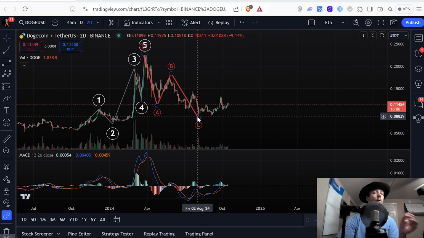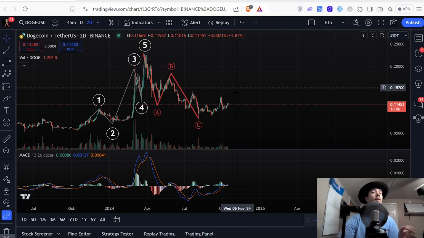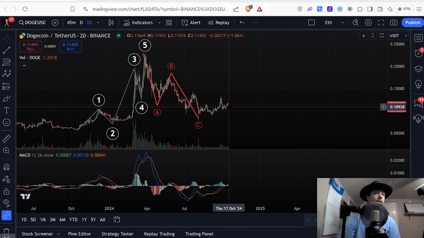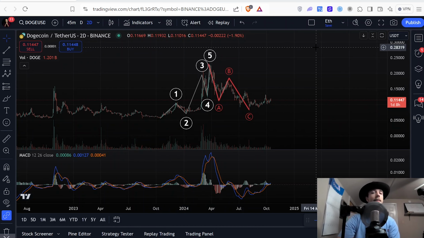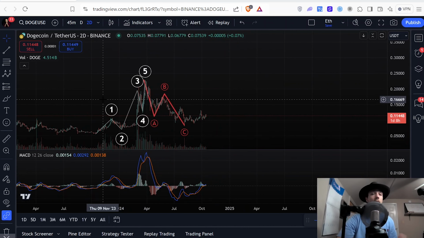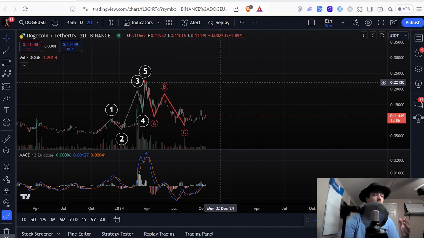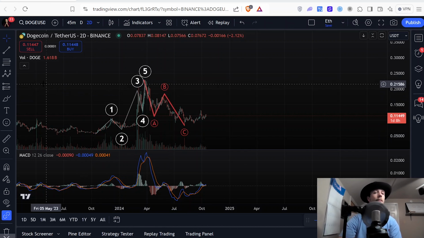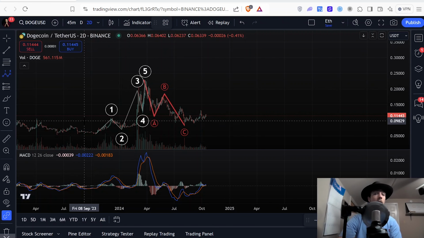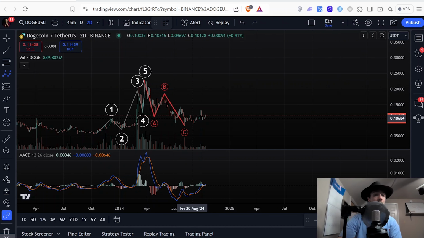And when that wave C is done, that's when you're expecting a new cycle to start. So really what we're watching for here on Dogecoin is that new cycle to start for us to really turn around and start to see more Elliott waves, because of this complete market cycle and a completion of all 5 waves up and an ABC correction down.